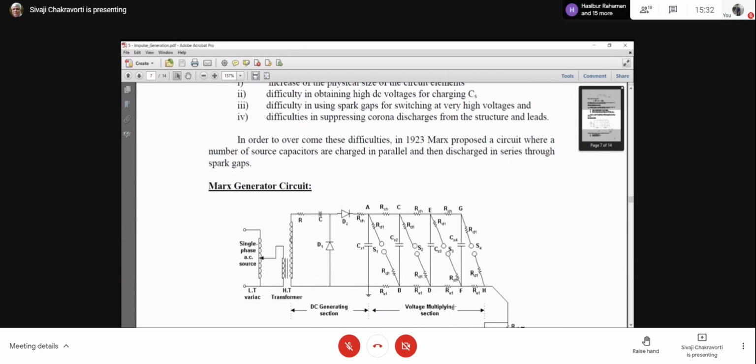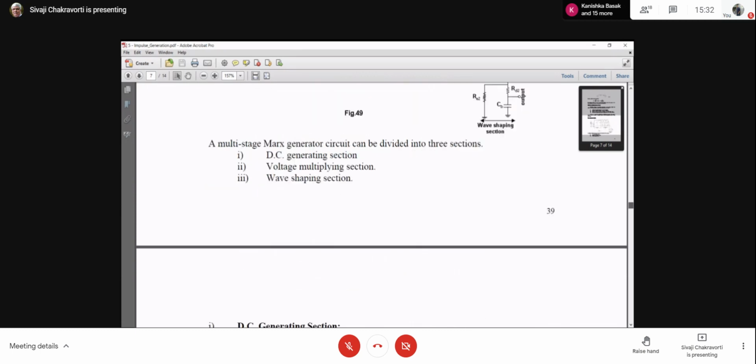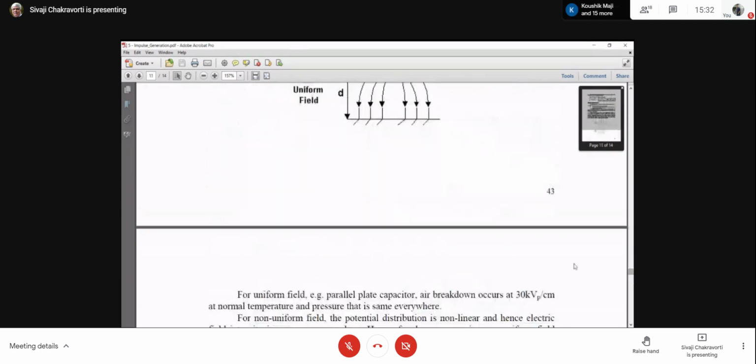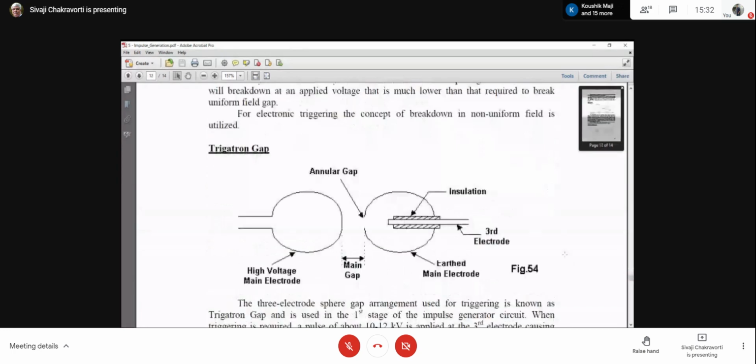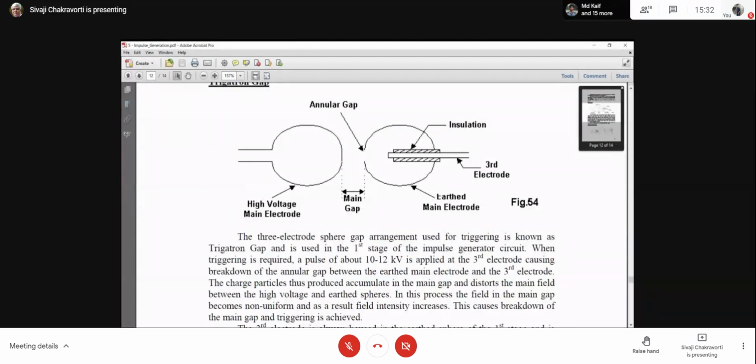And this second sphere, which is connected to point B, will have a special construction. What is that? This sphere, the right hand side, will have a small opening, like a small hole. And at the back side, there will be an insulating arrangement.